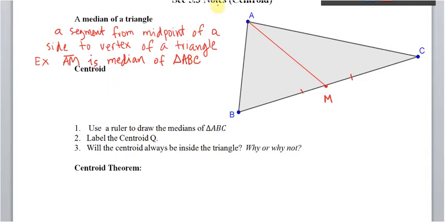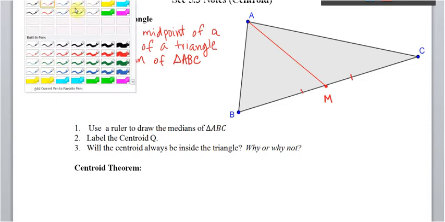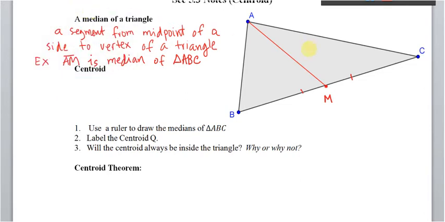Now, that certainly isn't the only median. We can find other medians by using other side lengths. So if I bisect AC, let's say right about there, then these two lengths would be congruent.